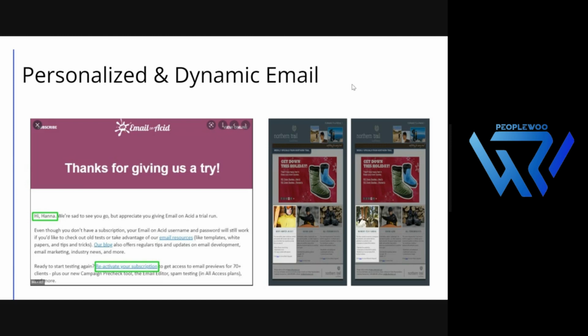So the left hand side is an example of an email which is personalized, having personalization attributes, and a link to reactivate Hannah's subscription is given. With this link, we cannot activate our account. It is personalized to Hannah only. You cannot take this link and pay on behalf of Hannah. This is personalized to Hannah only. So this type of email is a personalized email.